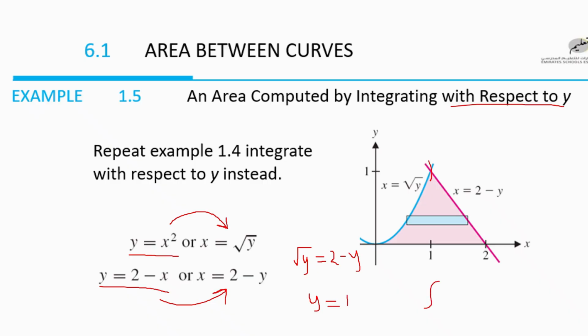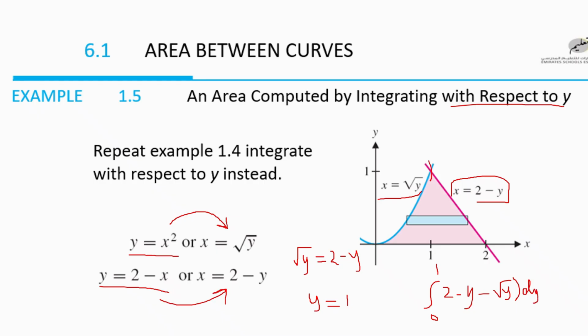Integral 0 to 1. And if you notice here, which is your maximum function, the right side function 2 minus y, and your minimum function is the left side function root y. So it is nothing but 2 minus y minus root y dy.